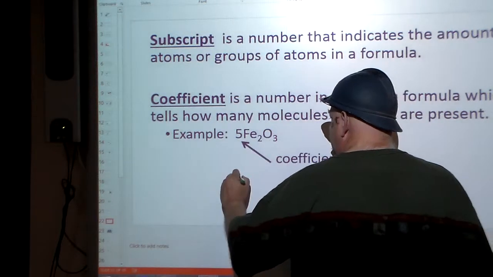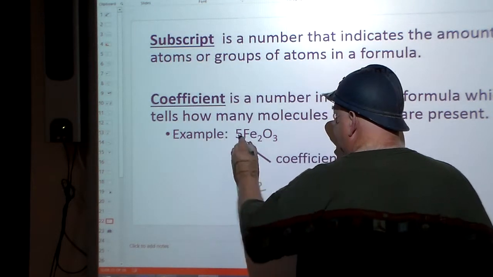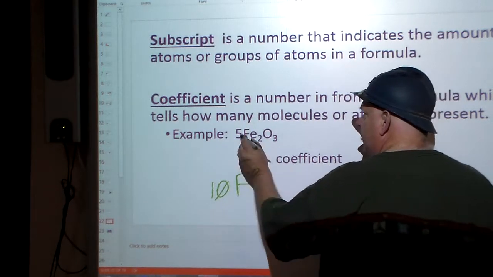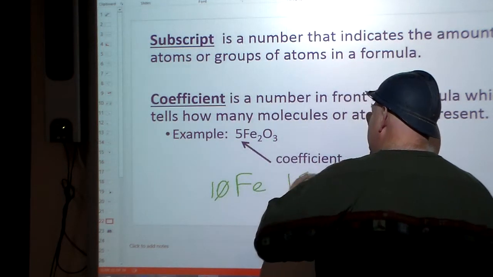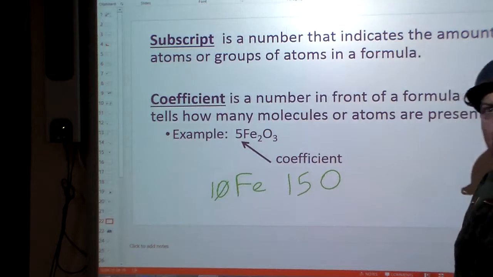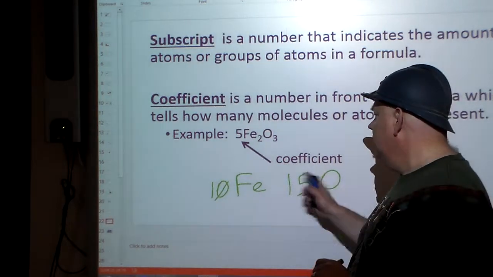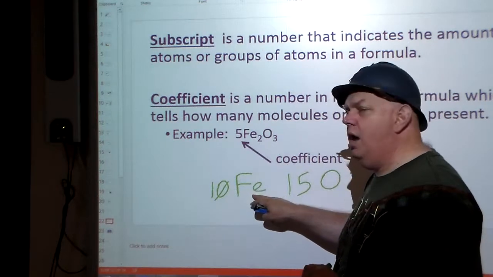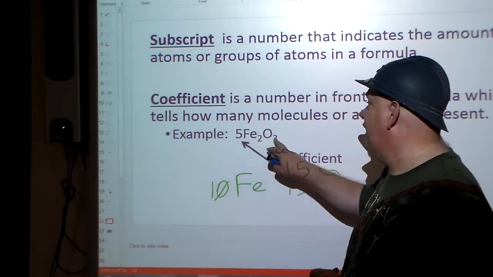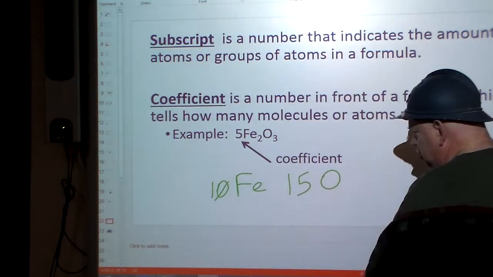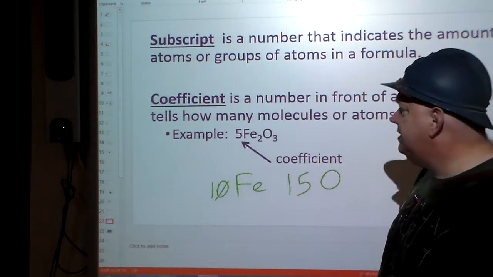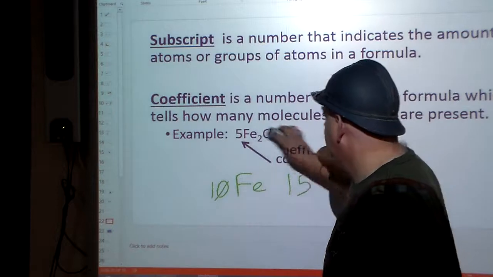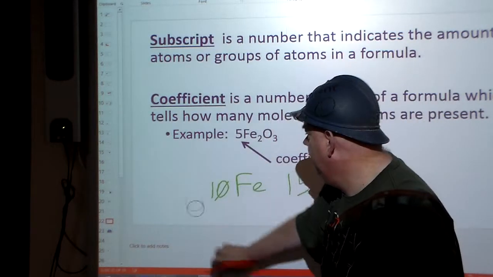Well, that means we have 5 times 2, 10 of these iron atoms, and then 5 times 3, 15 of these oxygen atoms together. Okay, so this is what we have. Because of that 5, we have got 10 iron atoms total, and 5 times 3, 15 oxygen atoms total. That's how we know. This is how we put things together. This makes sense.